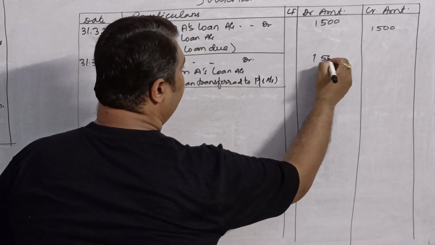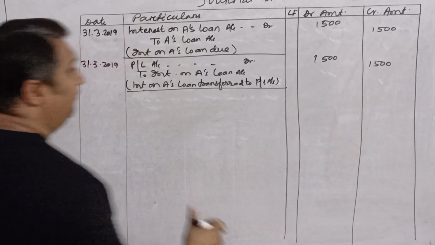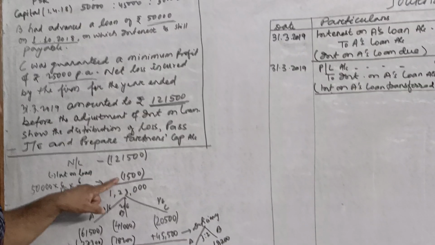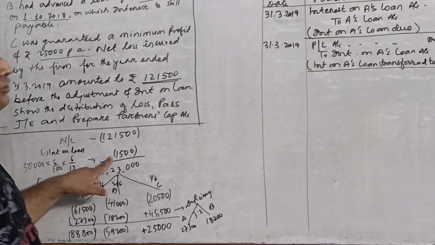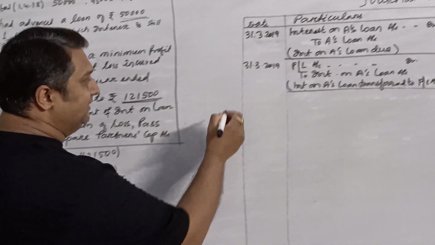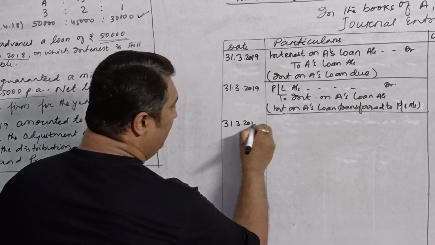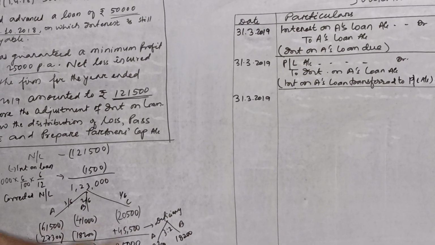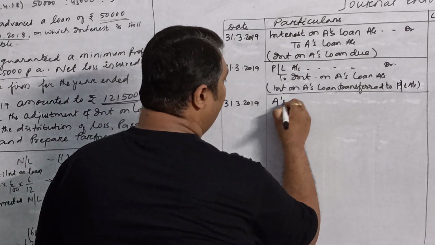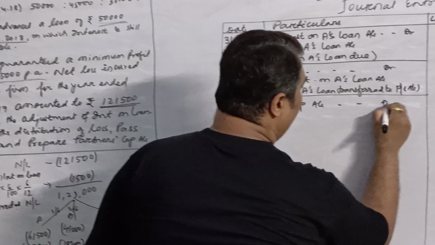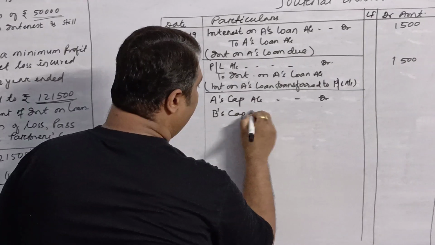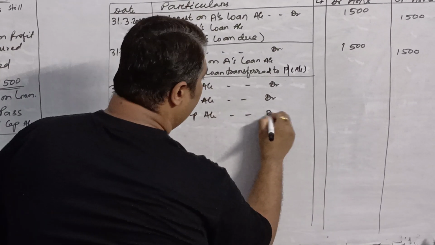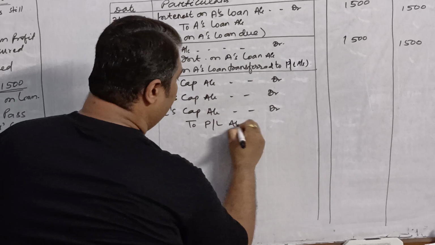Now, after transferring the interest, we were already having a loss of 1,21,500. We are going to pay another 1,500, so our amount of loss has increased. So now this amount of loss, the total loss 1,23,000, will be distributed between A, B and C. So we will pass the entry A's capital account debit, B's capital account debit, C's capital account debit to profit and loss account.